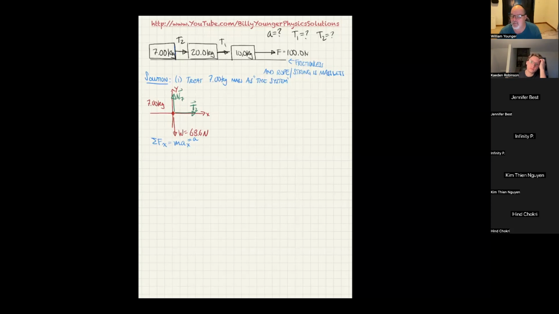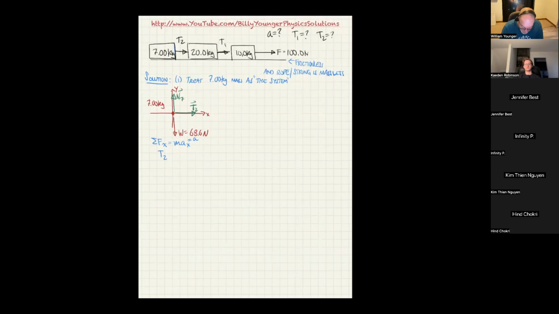So I see that the acceleration is the same for all of them. So that's why I can just call that a. And all that hinged on was that the ropes are not going to get slack and the ropes are not going to stretch. So with that in mind, all I get is T2.